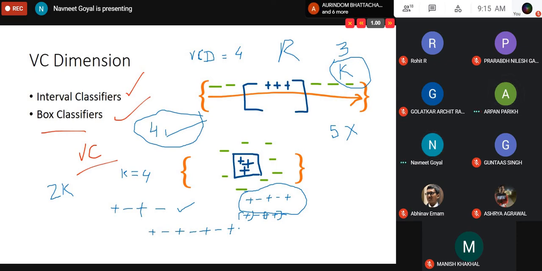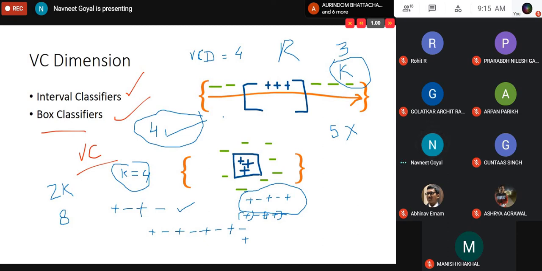So I can put a plus here or a minus here, all of that I can do. So are you getting this? If I'm using a union of 4 intervals, then I'll be able to shatter 8 points. So it appears that when you have union of k intervals, you can shatter 2k points.